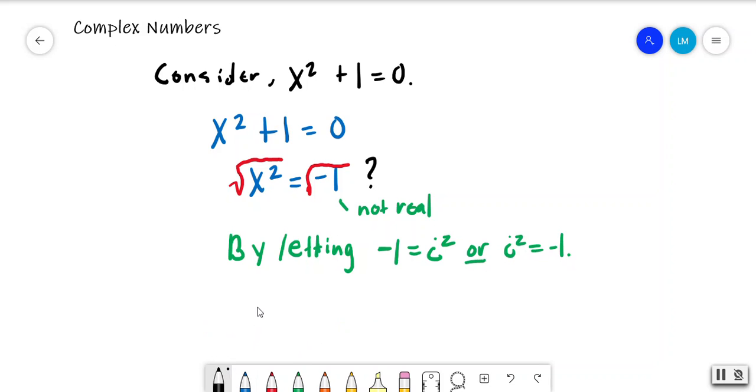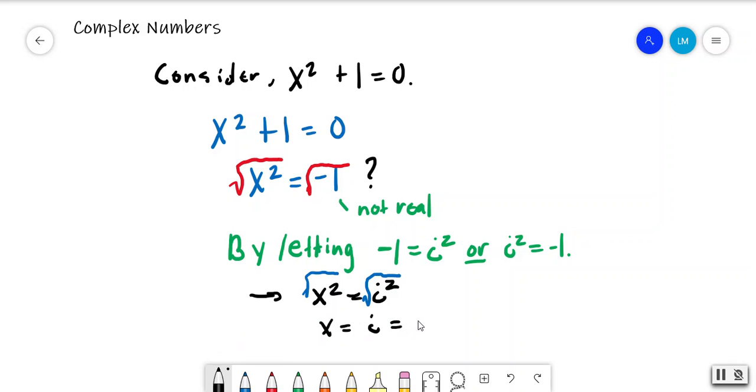So in this sense, our equation is actually x squared equals i squared, which, if we take the square root on both sides, gives us that x is equal to just i.